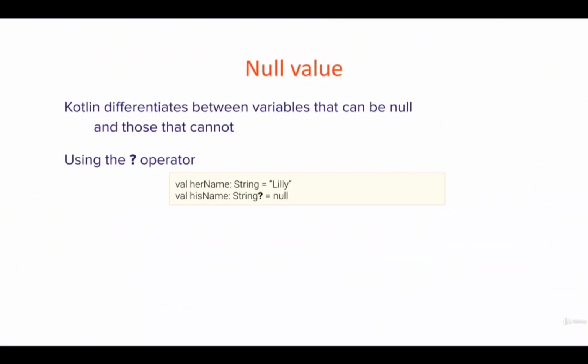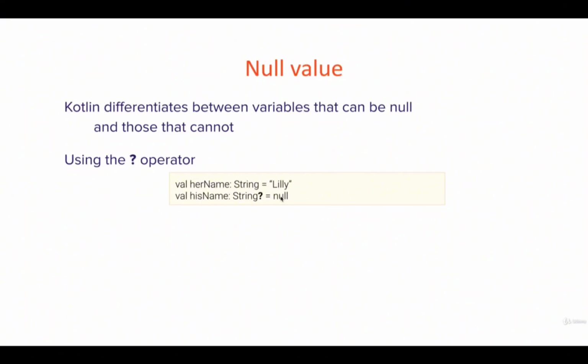Okay, so here is an example. We have a variable, her name, of type string, whatever name you want to give. And then we have another variable, his name. This time we put a question mark after the type of variable, and we give that variable the value null.